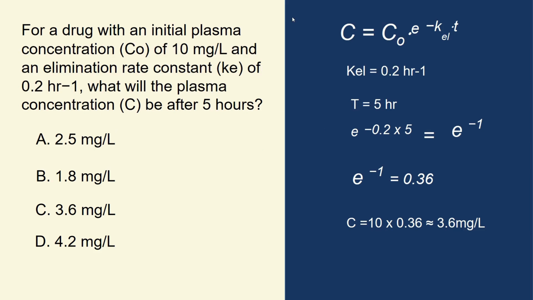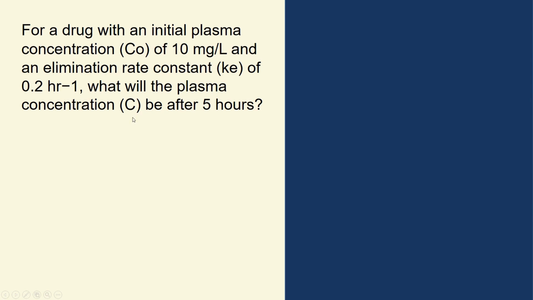So here is the question. For a drug with initial plasma concentration C0 of 10 milligrams per liter and an elimination rate constant of 0.2 hours inverse, what will be the plasma concentration of the drug after 5 hours?